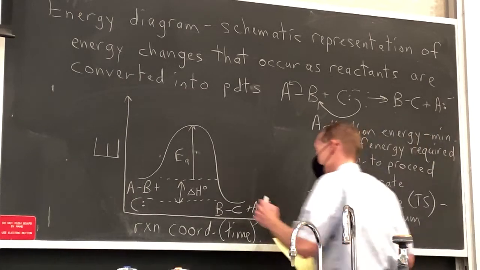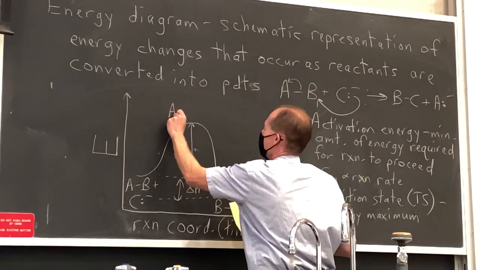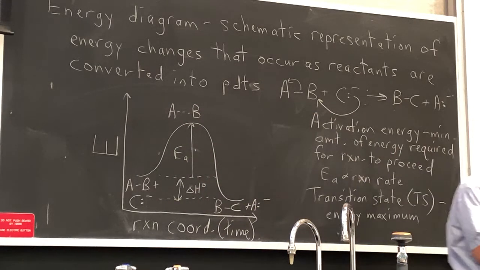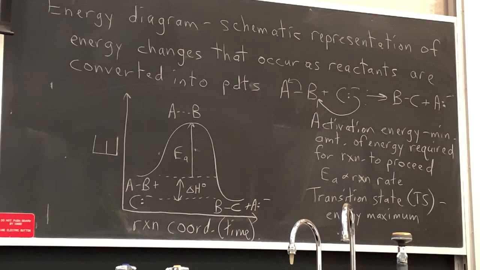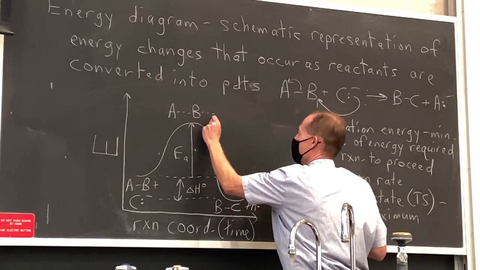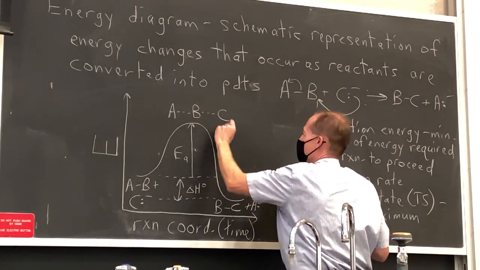So at the transition state, we will have a partial bond between A and B. Then we can ask ourselves which bond or bonds are being formed in the reaction. Okay, the bond between B and C. So that process is initiated as the reaction begins, and it is not complete when we reach the transition state. So we will have a partial bond between B and C.